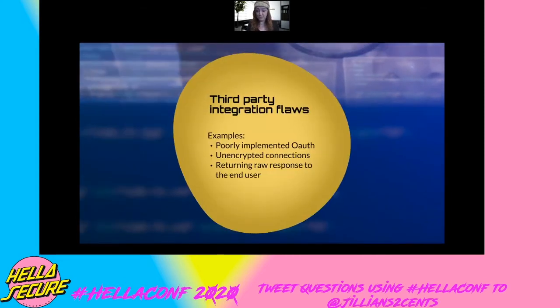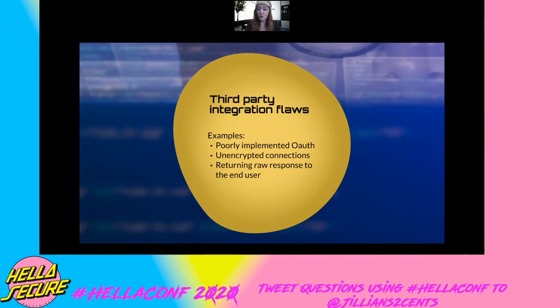Third-party integration flaws, and that was the bullet point I got ahead of myself on. But poorly implemented OAuth is definitely a security vulnerability and something that requires a lot of very careful attention, but probably your static analysis tools or dynamic analysis tools aren't going to pick up on it.